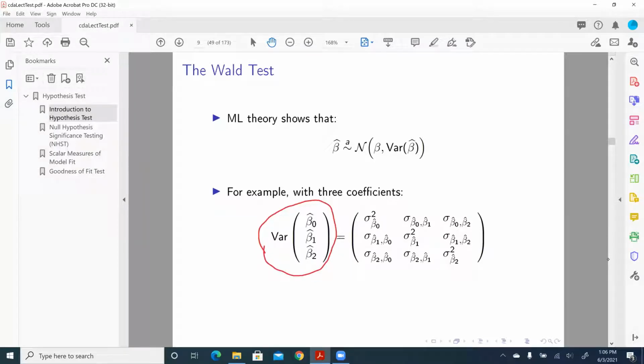So this is an example of the variance covariance matrix. This is the variance for beta 0 hat, beta 1 hat, beta 2 hat, and that's how the matrix looks.